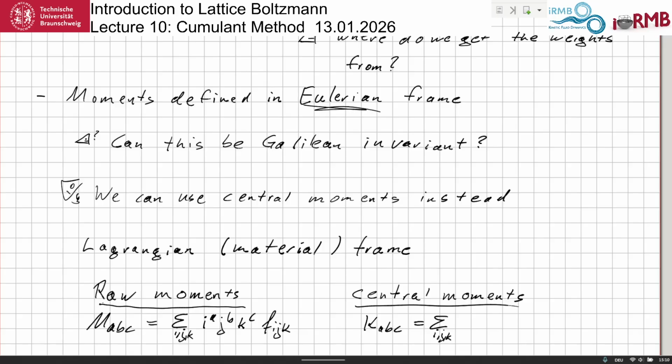So then we have not the velocity i in the x direction, but the velocity i minus the macroscopic velocity u, to the power of a, j minus the macroscopic velocity v, to the power of b, and k minus w, to the power of c, times f_ijk. So now the question: what is u, v, and w?